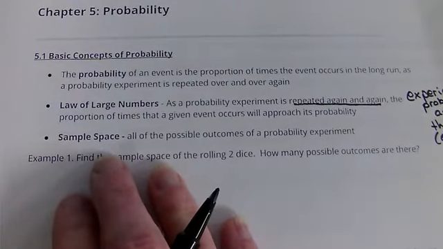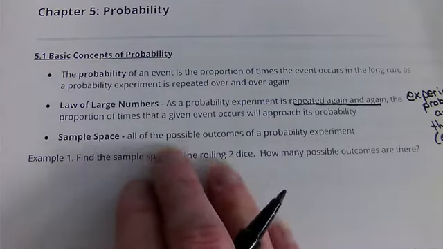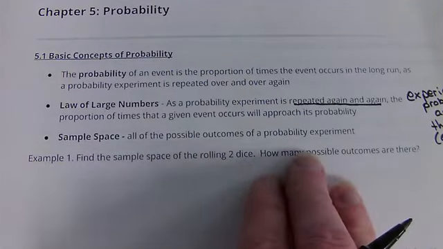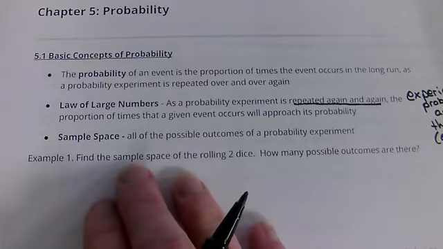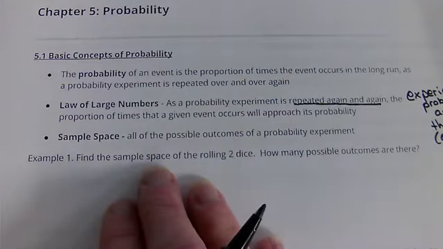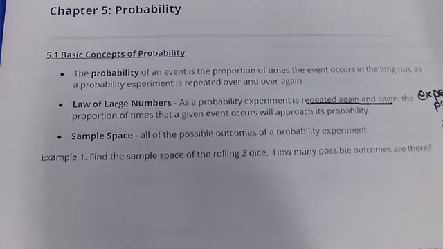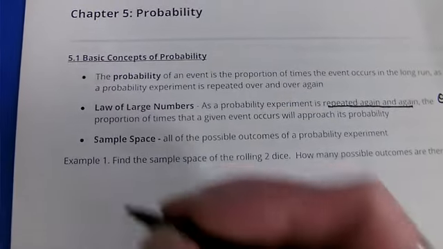Okay, the next vocabulary we need to talk about is the sample space. The sample space is all the possible outcomes of a probability experiment. So let's say we're rolling 2 dice, and we want to find the sample space. Well, that means we need to list out all the possible outcomes.